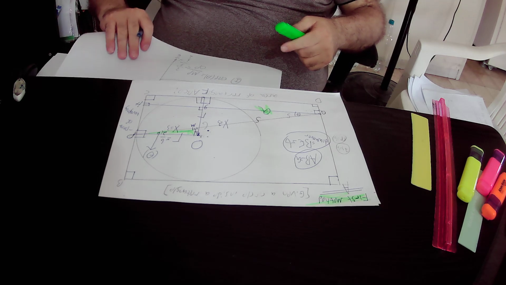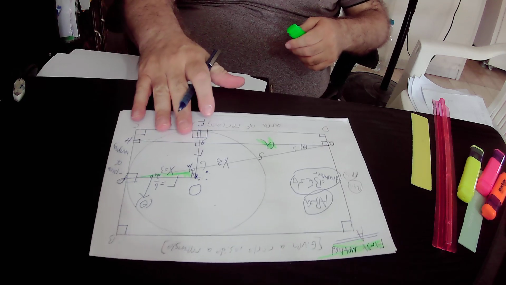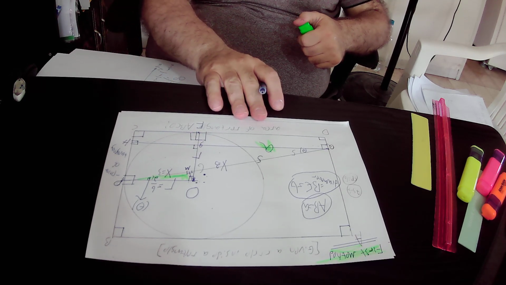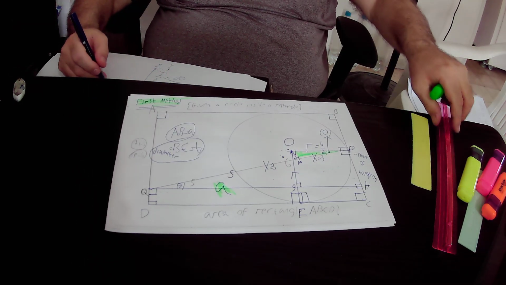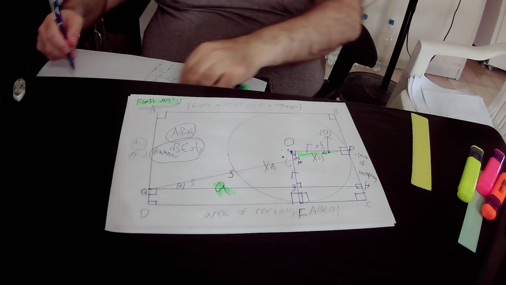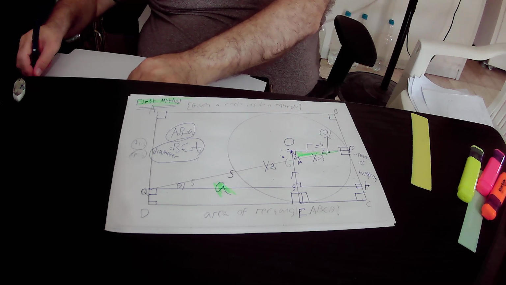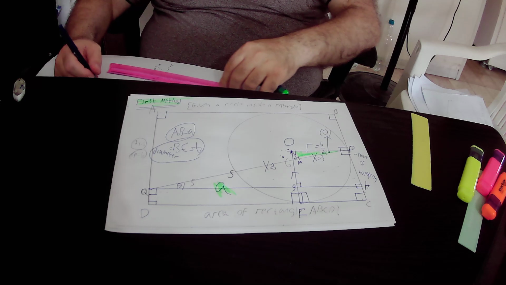Here we will focus on the big right triangle, triangle QPH. In the big right triangle, triangle QPH, what is the value of cosine theta?